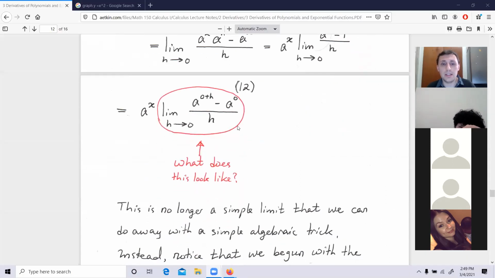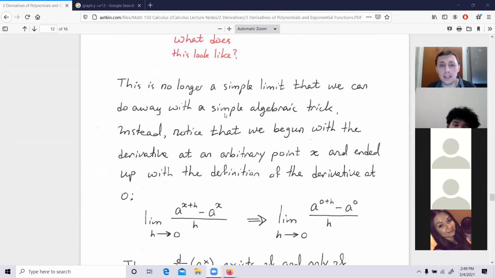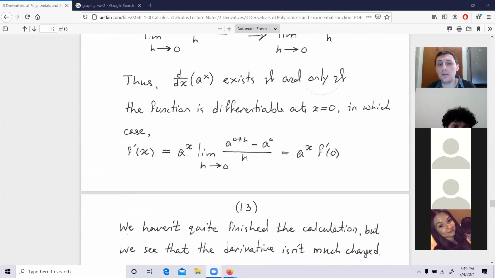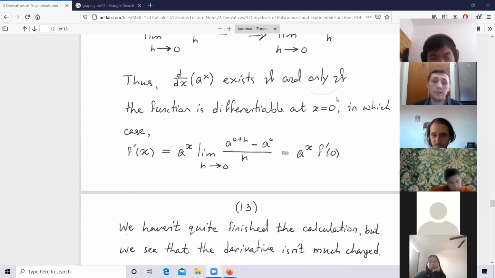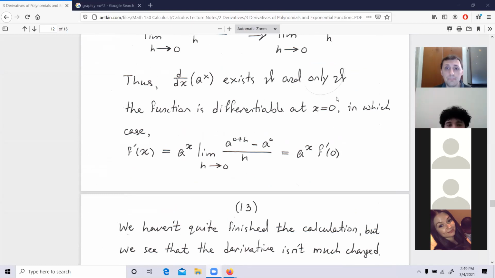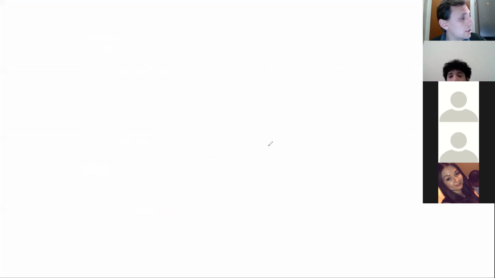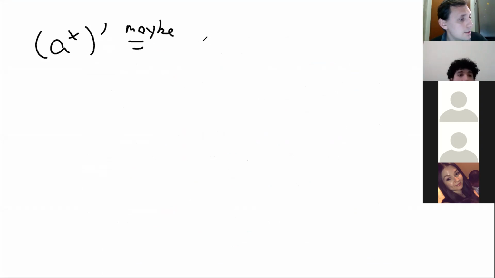Here again, guys, this is the derivative at 0. So that means that the derivative of my function is the function itself multiplied by the derivative of the function at 0, a constant. Do you understand what that means? That means that the derivative of a to the power of x is maybe, I'll just make up a number, 5a to the x.